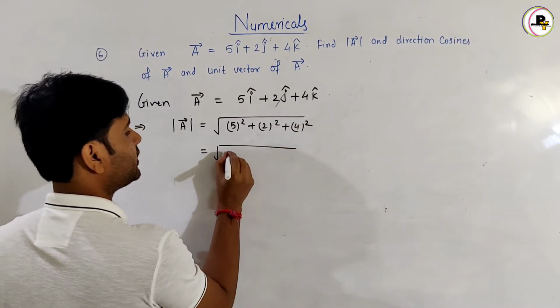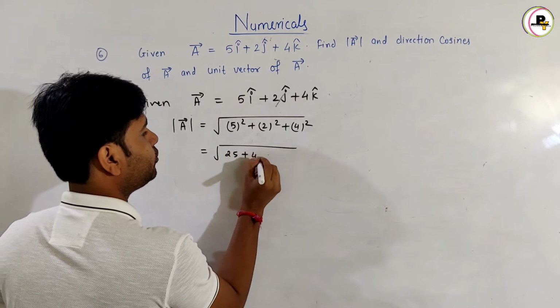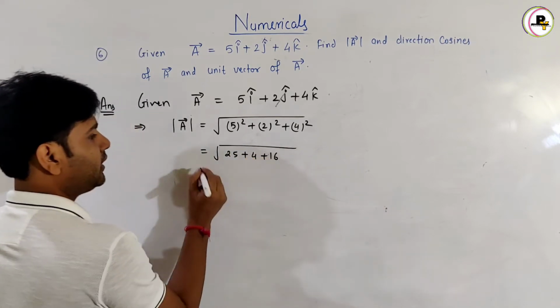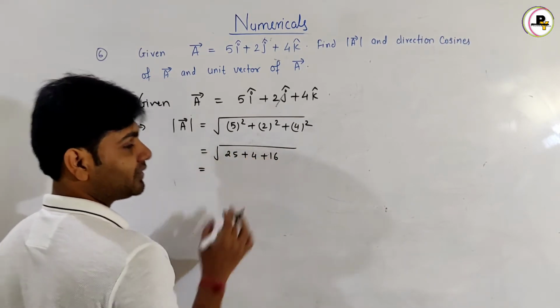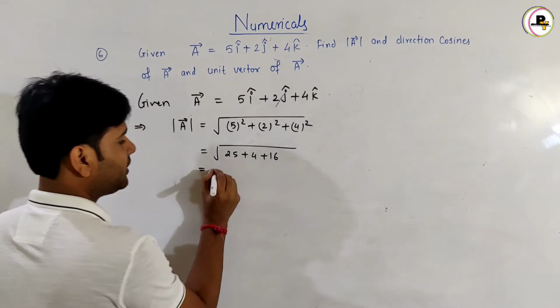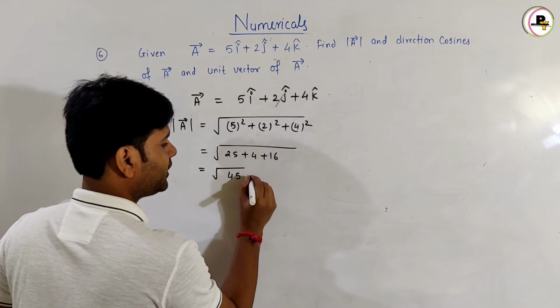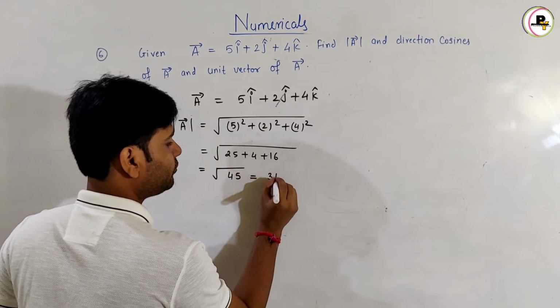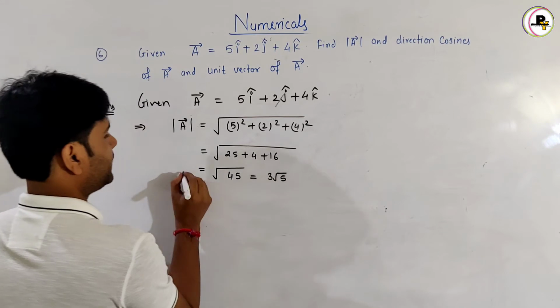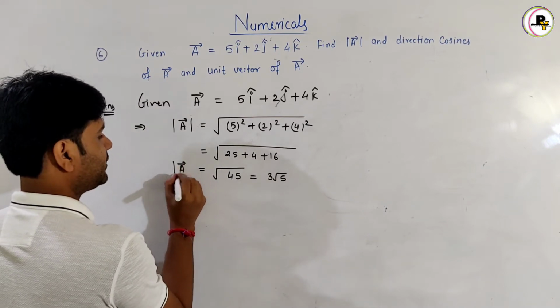Squaring, we get 25 plus 4 plus 16, and therefore 4 plus 16 is 20, plus 25, this is root of 45, or we can write 3 root 5. This is the mod of a vector.